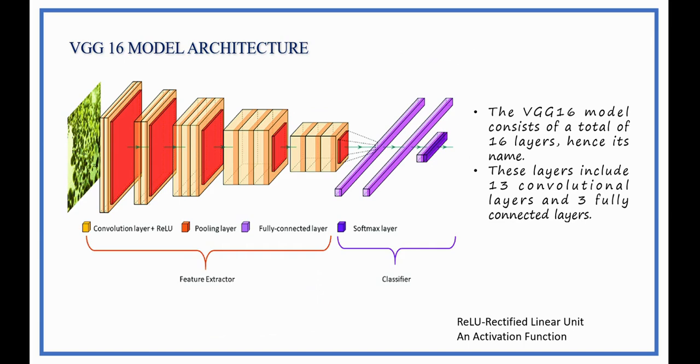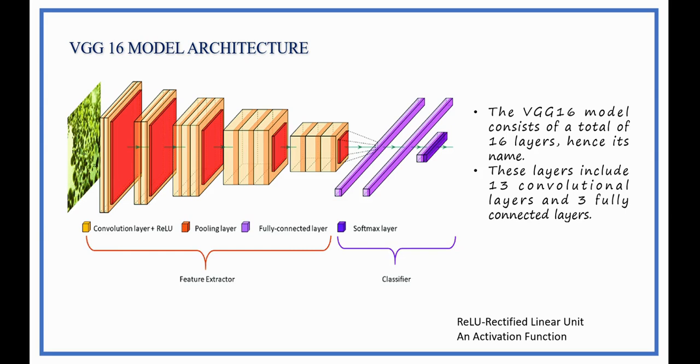VGG model architecture: here it is a deep convolutional neural network which has the input layer, convolutional layers, max pooling layers, fully connected layers and the output layer. The input layer accepts an image of size 224 x 224 x 3, to which pest-affected crop leaves are resized.